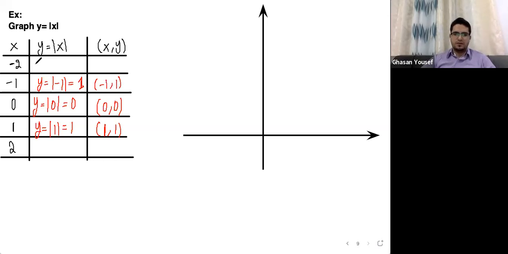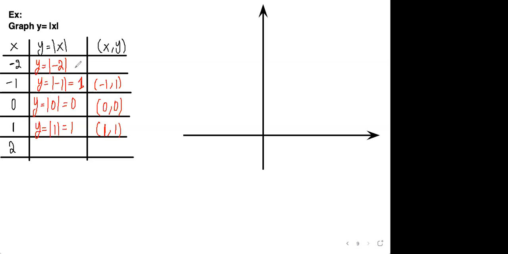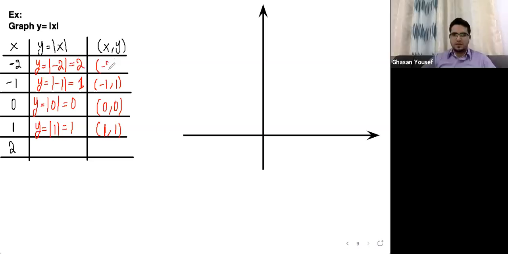What's the absolute value of -2? 2, correct. So here the point is (-2, 2). What's the absolute value of 2? It is 2. Yes, correct. So (2, 2).